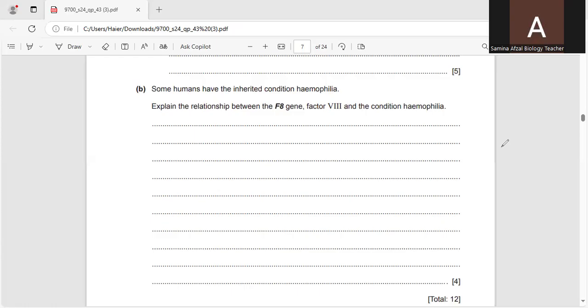So now I'm going to write this explanation. And students, the F8 gene is located on the X chromosome.